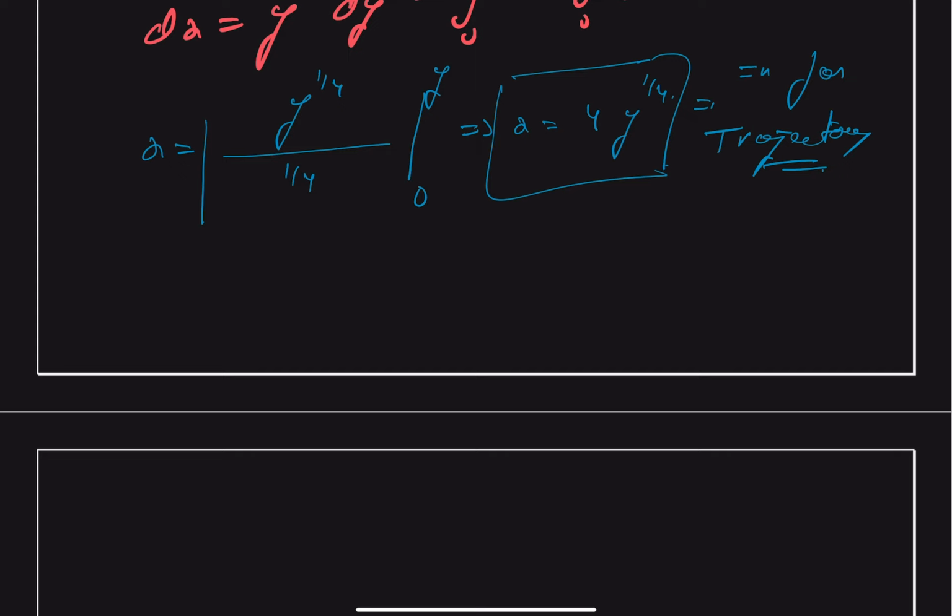Okay. And from here we can just make a physical interpretation of this: our x, because 4 will be constant, is proportional to y raised to power 1/4. So it means that the light bends gradually in the medium.